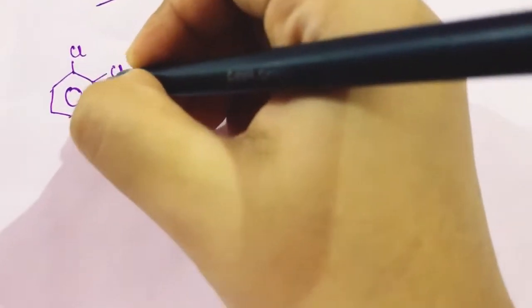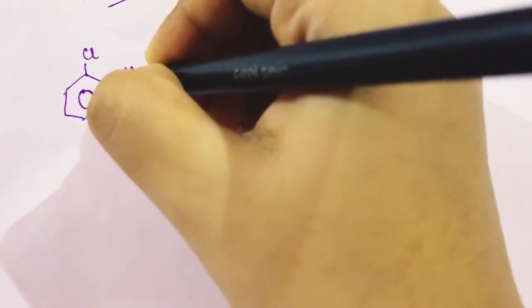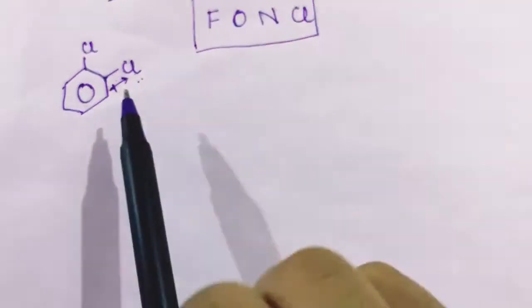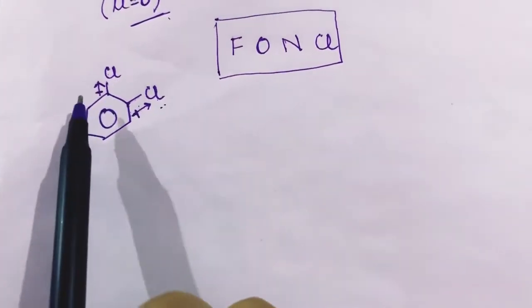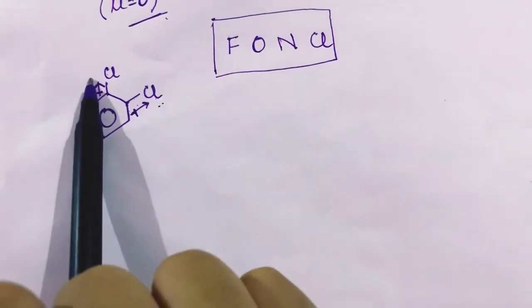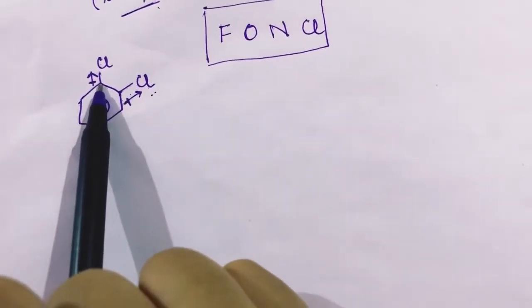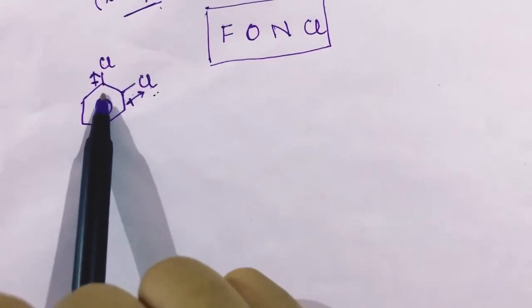Therefore here the direction of the dipole moment will be from the carbon towards chlorine, and in the other case it will again be from the carbon towards chlorine. In both cases we see that the dipole moments make an angle of 60 degrees.